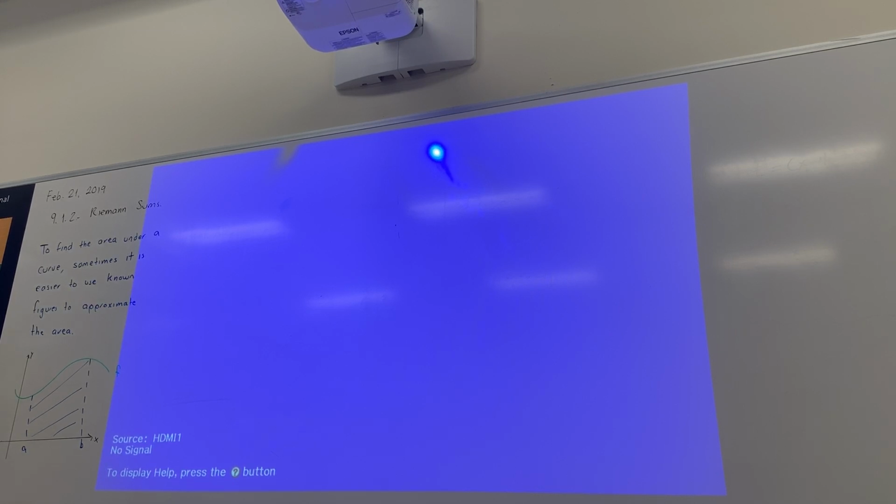In what way? For example, in this one, if I want to use rectangles to estimate the area, I can do that. By doing what? Well, by dividing this area into rectangles, such as these ones, like this, like this. If you observe, I divide the whole area into rectangles.